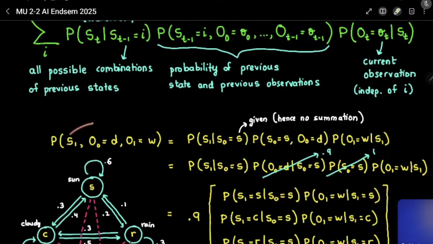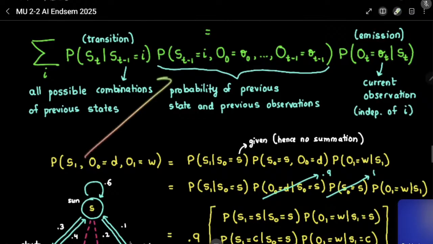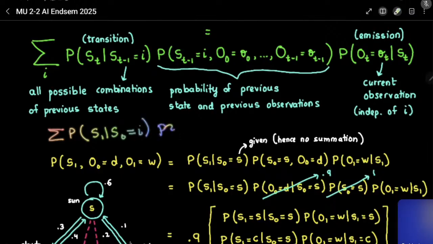So this will be summation. If you write this in terms of this, you'll get summation of probability of S1, and then you're coming from S0, right? Equal to I, probability of S1, no, T minus 1, right?